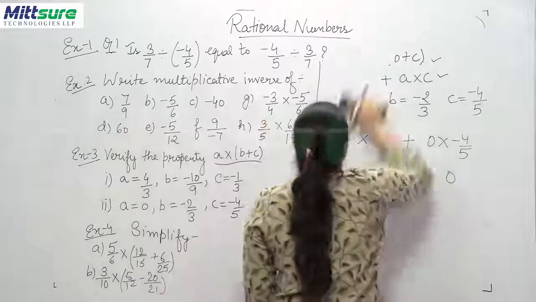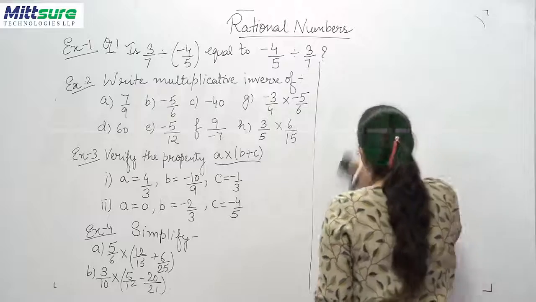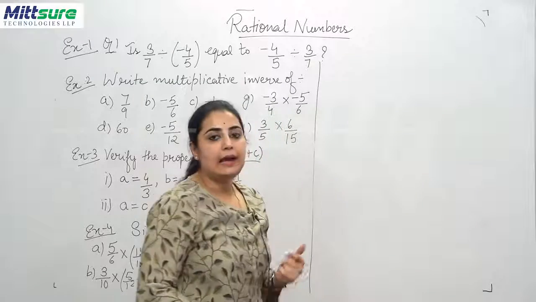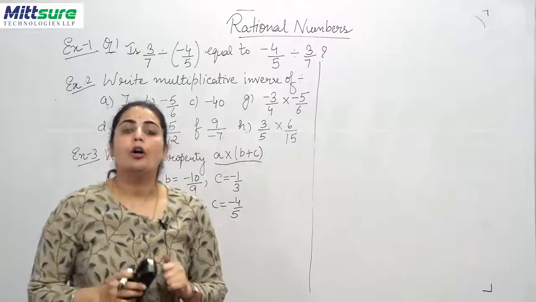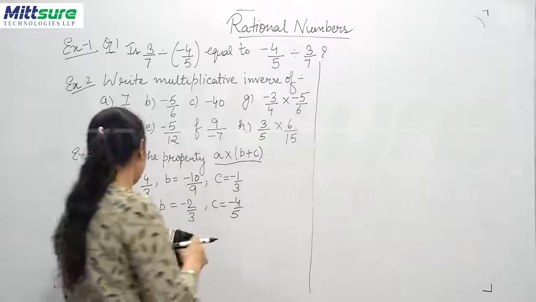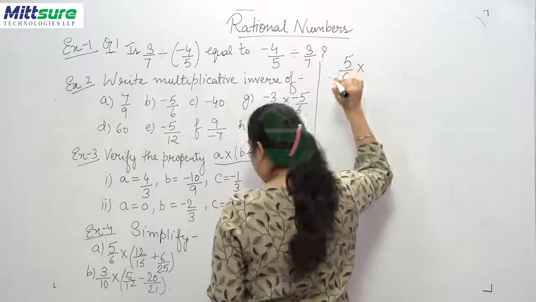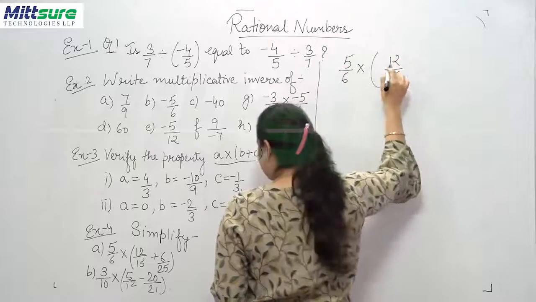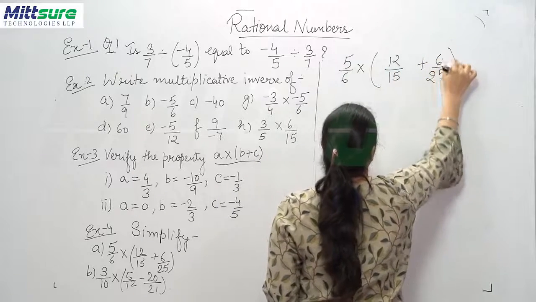Now let's take simplification kind of questions on multiplication and addition of the rational numbers. That can be easily done by using the distributive property or distributive law. See, 5 upon 6 multiplied by 12 upon 15 plus 6 upon 25.